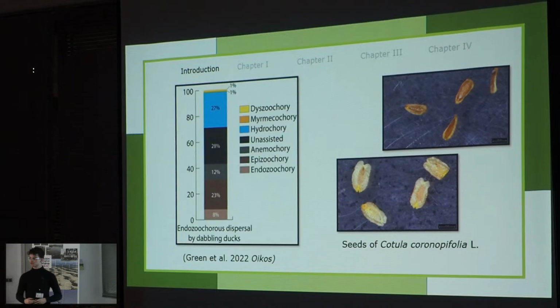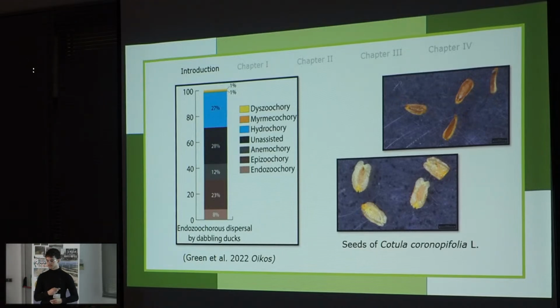But if we go to empirical data, as in this picture from the paper that my colleague explained before, we see that from the total amount of species found in feces from Dublin ducks, only 8% of them had previously an endozoochory syndrome associated.